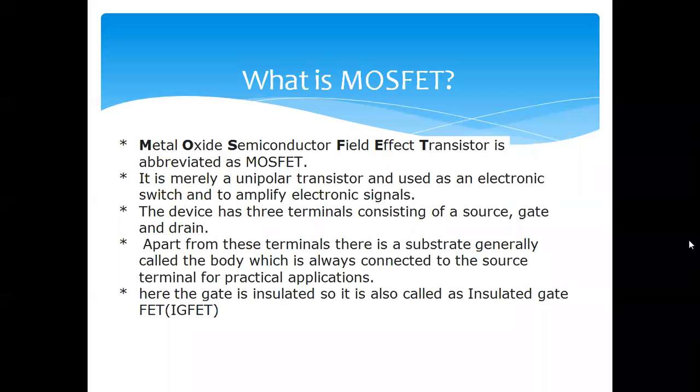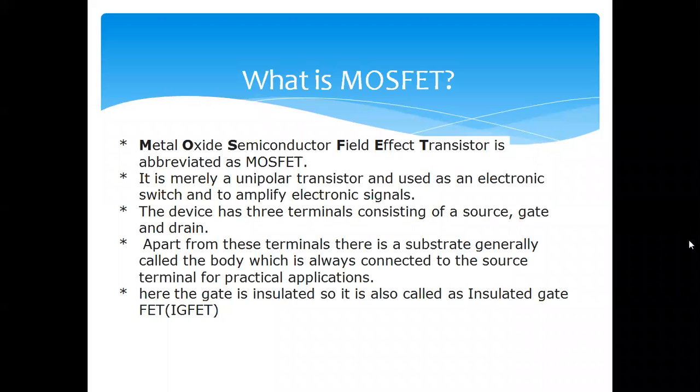This is the very fundamental difference that you should remember. So BJT is a bipolar device, that means current is contributed by minority as well as majority carriers. And unipolar means the current is contributed by only majority carriers. There is no current contribution from minority carriers in case of a unipolar device, and that is the MOSFET. MOSFET is unipolar.